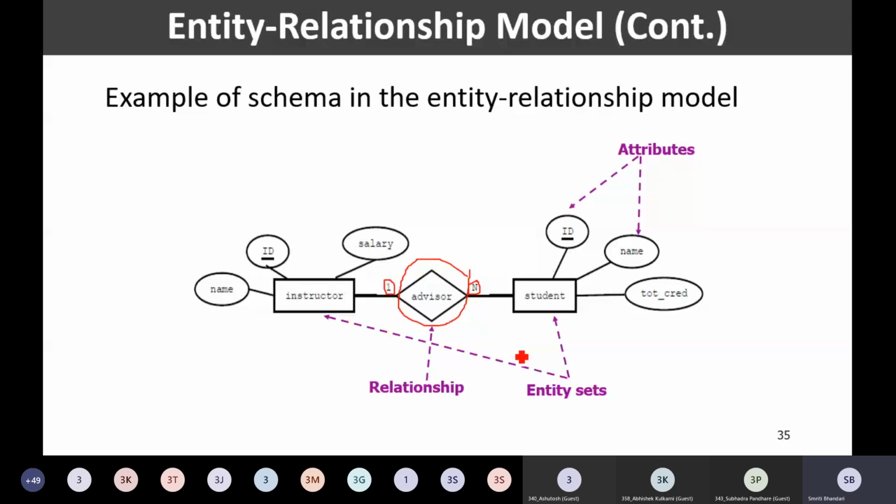Instructor and students are associated with the relationship advisor. So if I look at this relationship from instructor to student, I may say that this relationship is one to many. N stands for many. So I'm saying that this relationship is one to many.